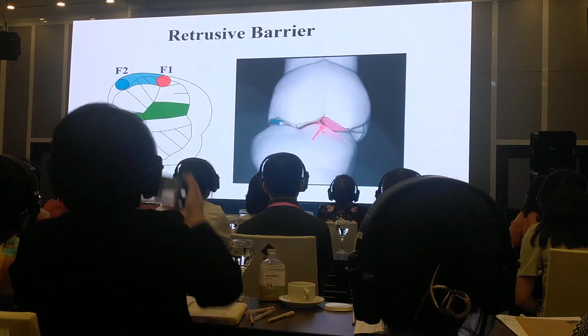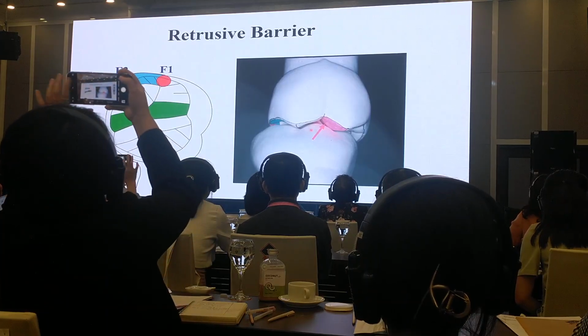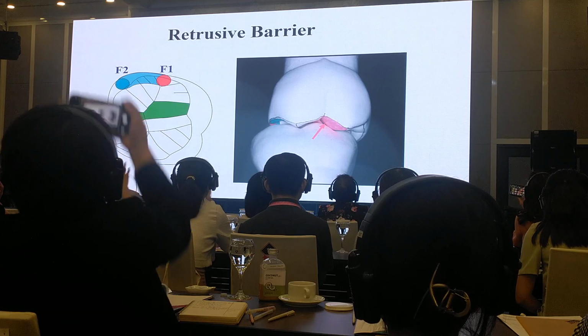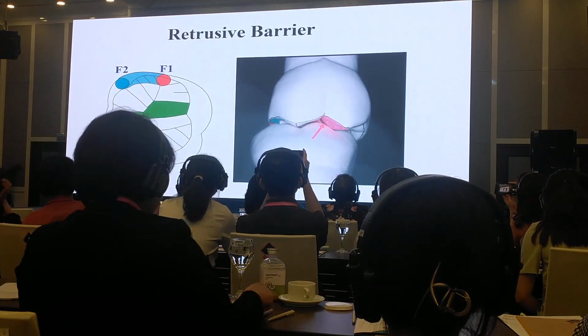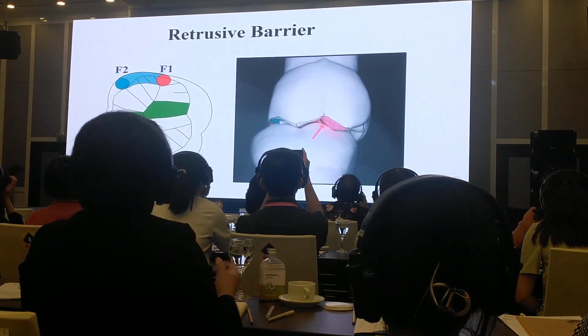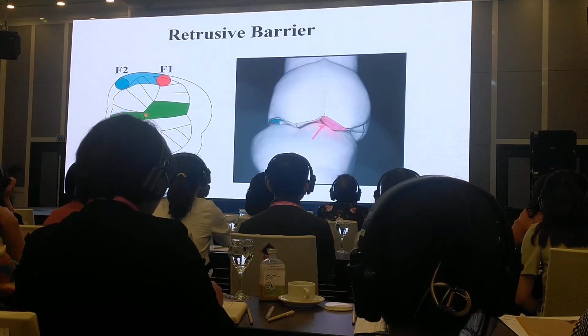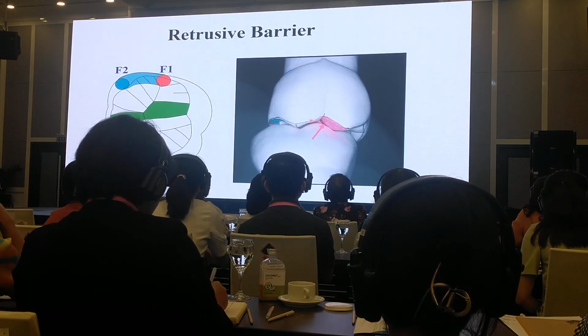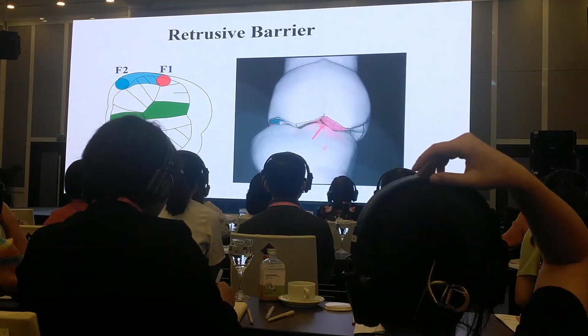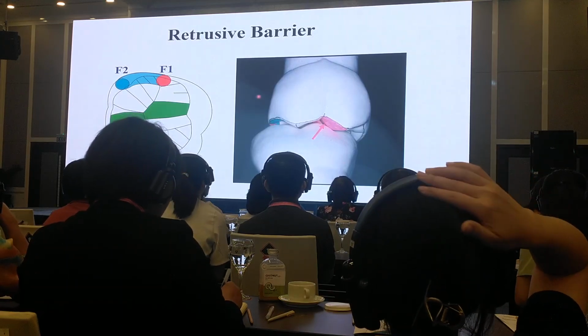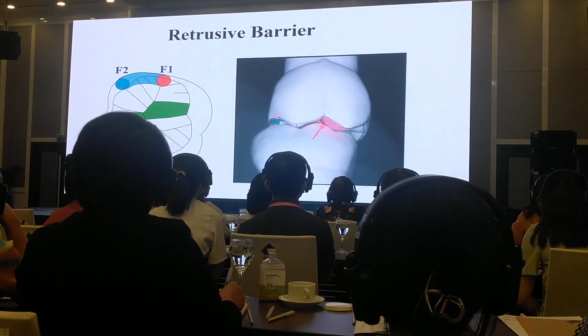Like this. Okay? The lower distal buccal cusp contacts the upper transversal ridge. The mesial surface of this transversal ridge contacts. This is the real class 1 occlusion.